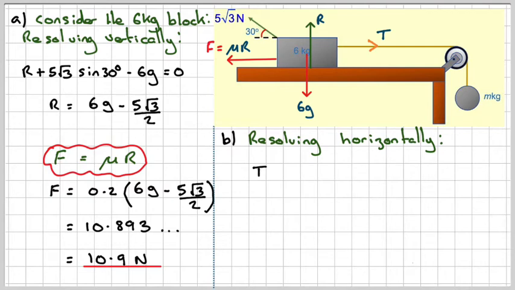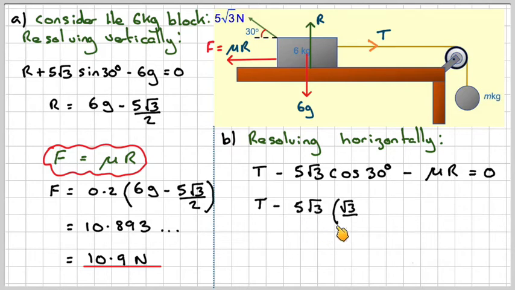So T minus 5√3 cos 30, the horizontal component of the force here, minus μR is equal to 0. So we're going to have T minus 5√3 times cos 30, which is √3 over 2, minus μ times R, which is 10.893. Don't use an answer which has been rounded off.